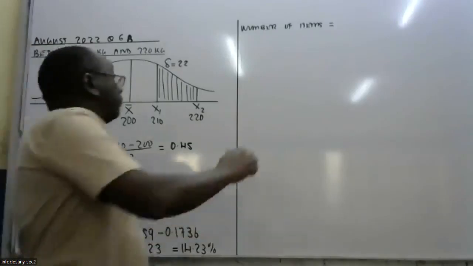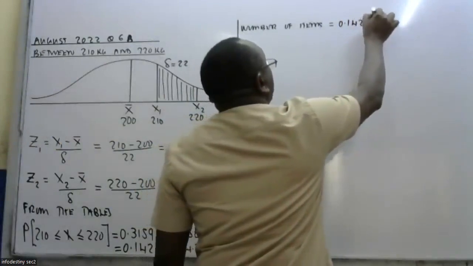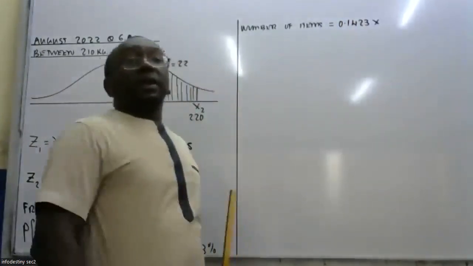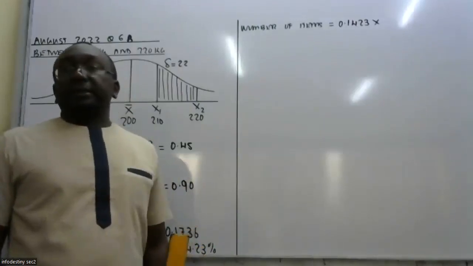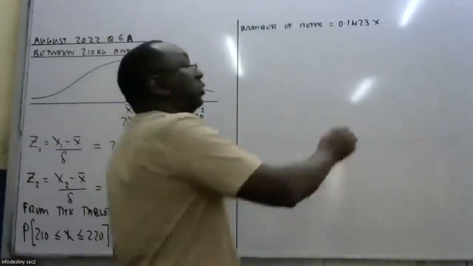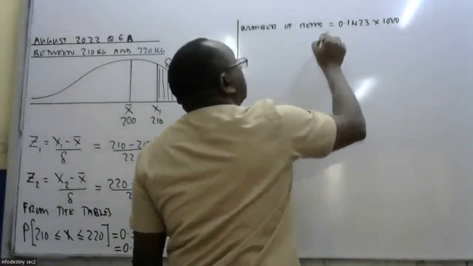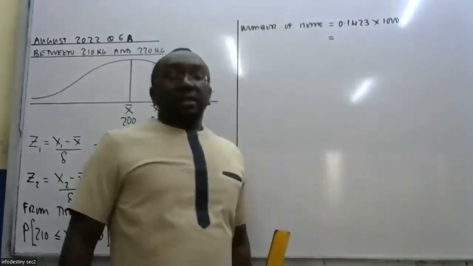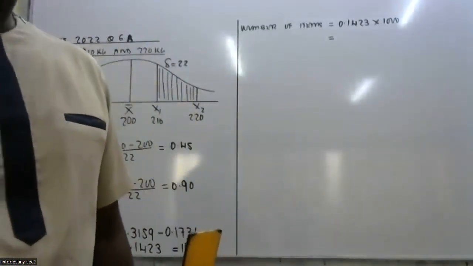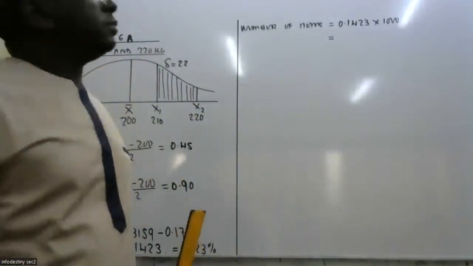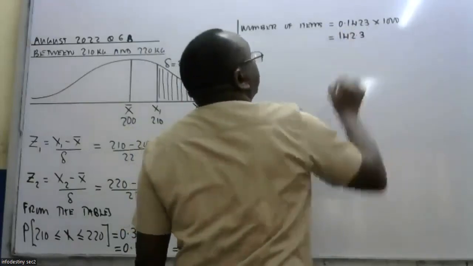So for 1, it is 0.1423. That's one item. And how many items are in this case? 1,000. So you multiply by 1,000. When you multiply by 1,000, you get 142.3.